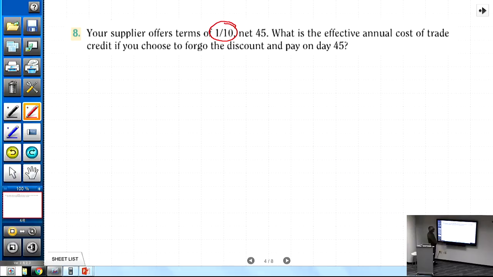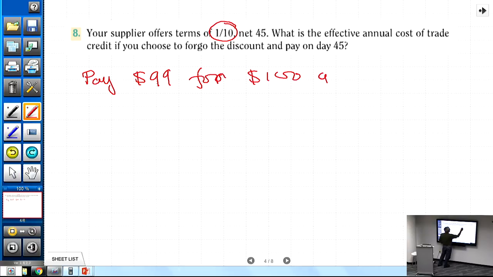So if you pay within 10 days, you would pay $99 for every $100 worth of goods. Why? Because that's 1% on 10 days.